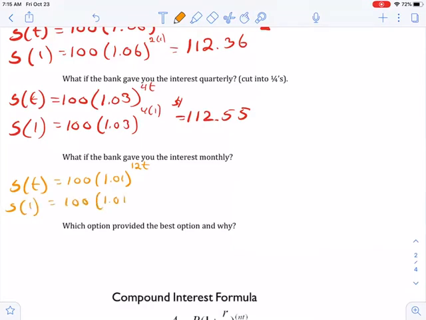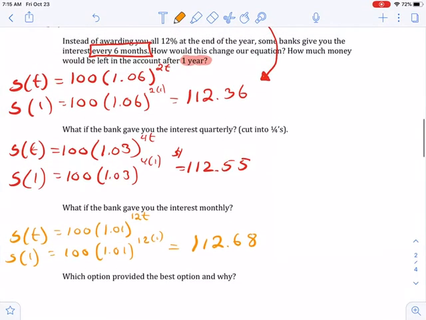So after 1 year of doing this, I would end up with 1.01 raised to the 12th, $112.68. So obviously it's not a huge deal.